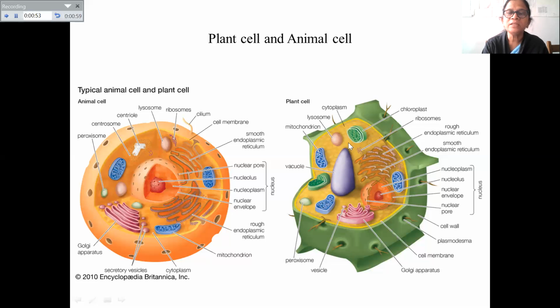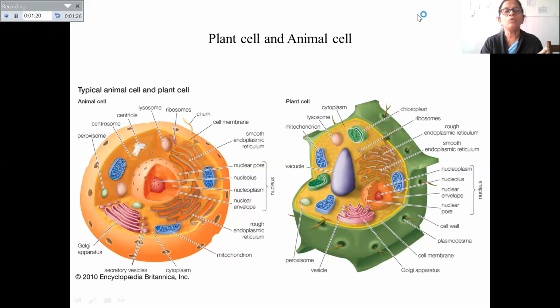Then these are the chloroplasts, and the Golgi apparatus, which is in the form of dictyosome. Peroxisomes are present to store the fats. So this is also about the plant cell. So you can differentiate between plant cell as well as animal cell.